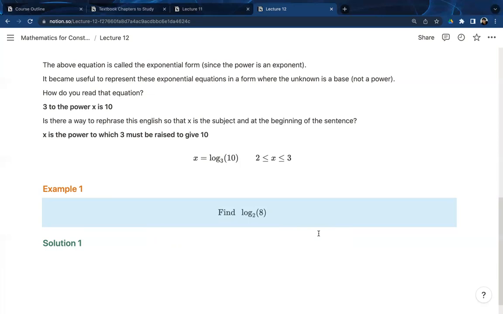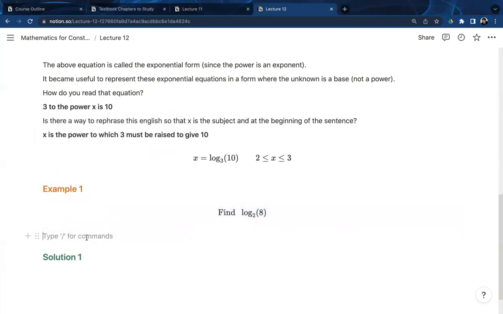That's how you read it, which is what Dean found on Google, right? I'll use that example just now. But that's what this is. What power must 2 be raised to give 8? That's what they're asking.